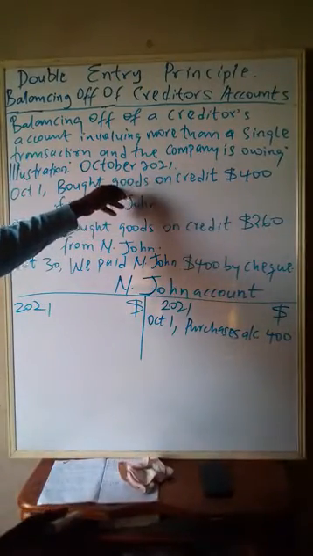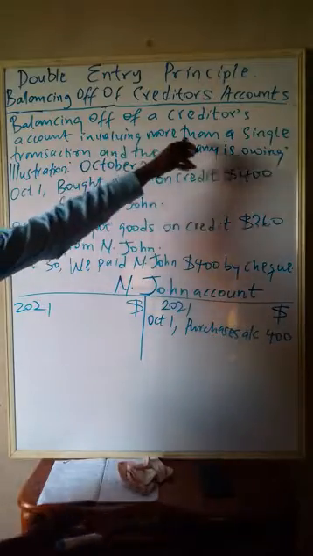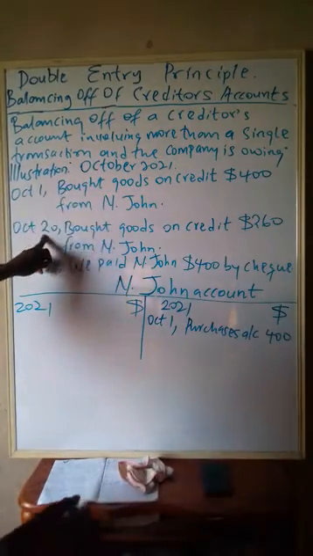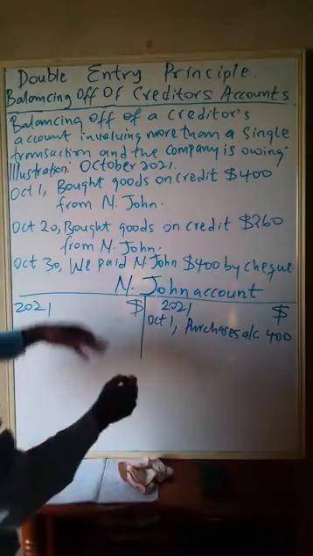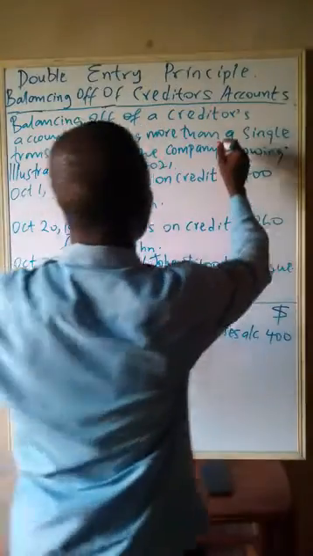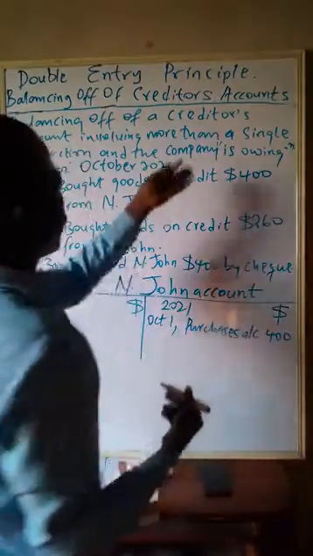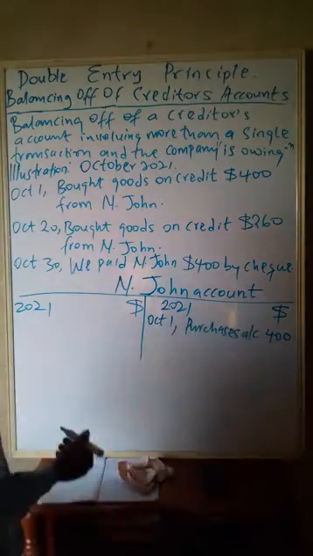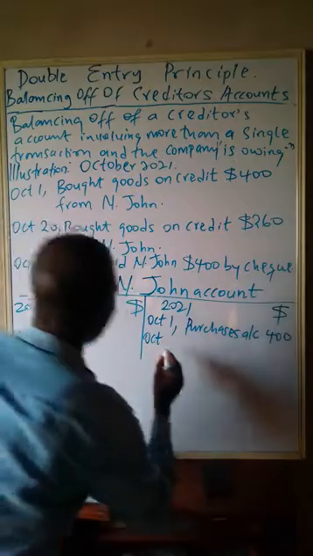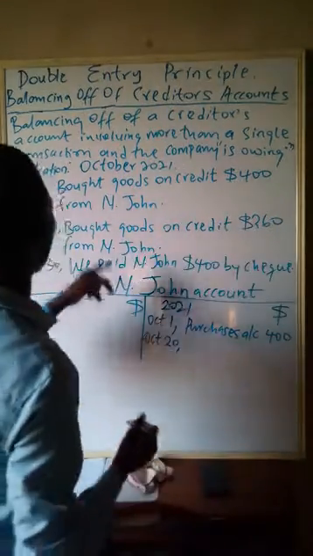This is a transaction, this is another transaction, and this is another transaction. How do we balance off the account when the company is owing? The debtor now is the company, and the supplier is John. Then October 28th, you see the purchases account, bought goods on credit, $260 from John.